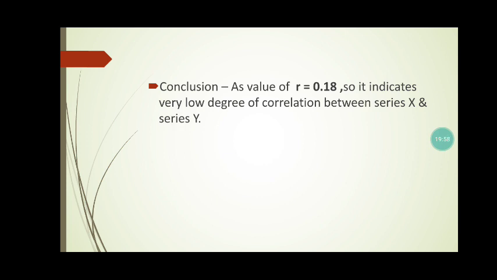Because we have seen that when the value of the coefficient of correlation is between plus 0 and plus 0.25, there is a low degree of correlation, and in our case the answer is positive 0.18. Therefore we will say that there is a very low degree of correlation between the imports and the price index, or between the X series and the Y series.